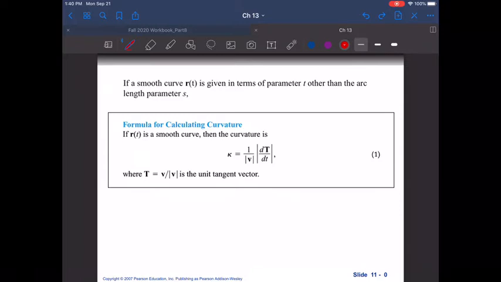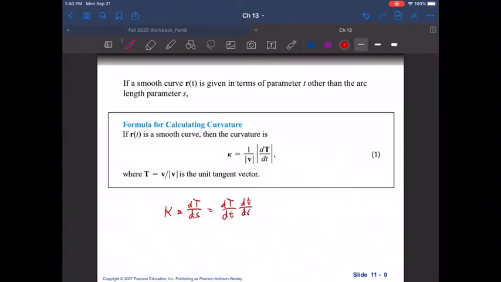And for this, we can start with, we had, oh, that's not a good kappa. We had a kappa on the other page, and it was dT/ds, like that. And we can say that equals dT/dt times dt/ds, like that.